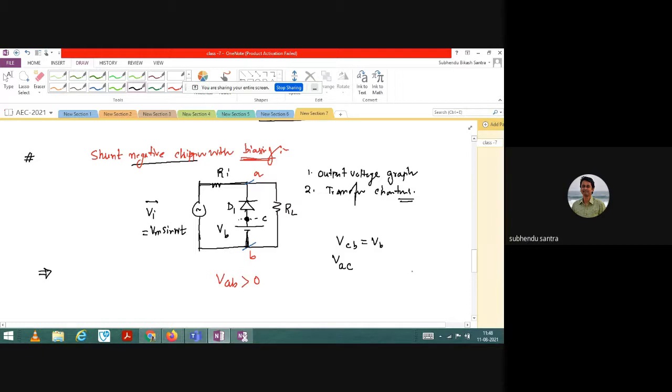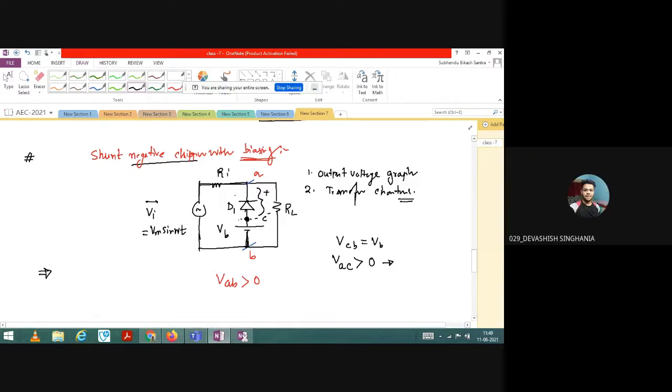Now if this VAC is greater than 0, then I can directly say that VAB will be greater than VBA. If the voltage across the diode is positive, suppose this is becoming positive and this is becoming negative, then what will the diode be? Reverse biased or forward biased? Reverse biased. Very good.